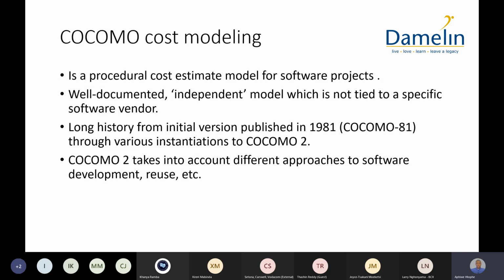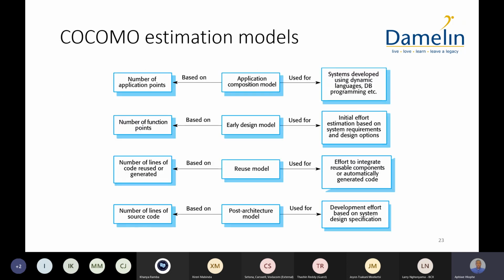So COCOMO version 2 needs to take into account that now and then organizations do software reuse, and that's exactly what it does. And you're going to see in this slide that there are different types of COCOMO 2 estimation methods.